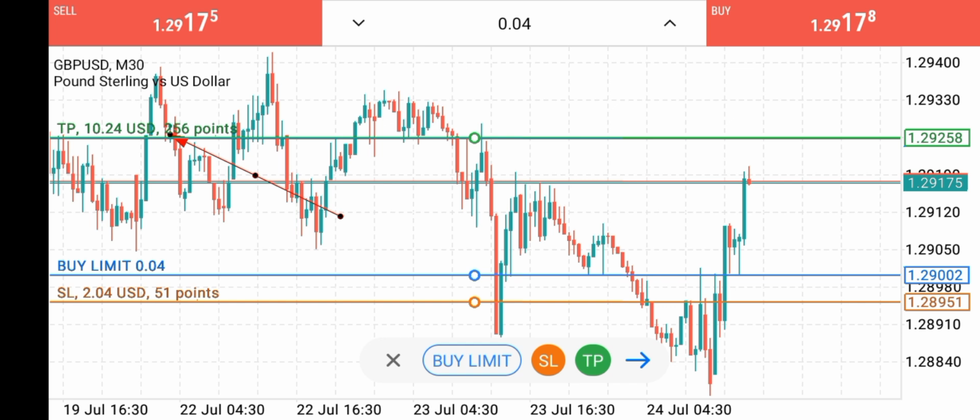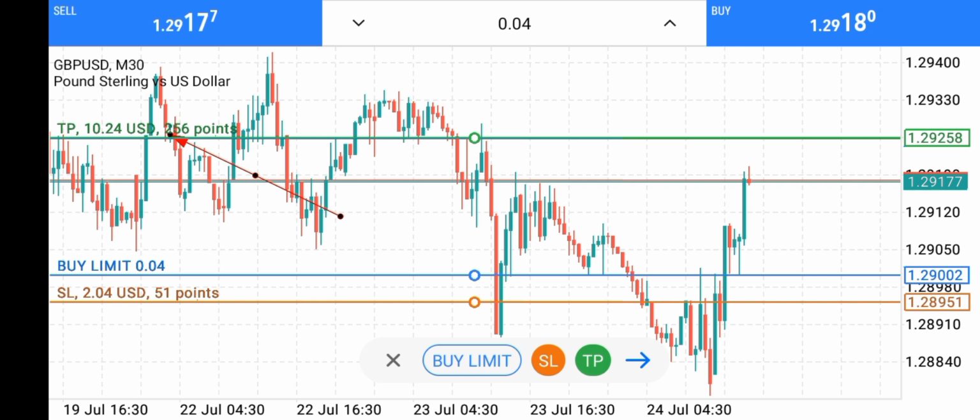So every trader in the forex market makes a different amount of profit. Remember what I said, the amount of lot size you use will be determined by your account size.